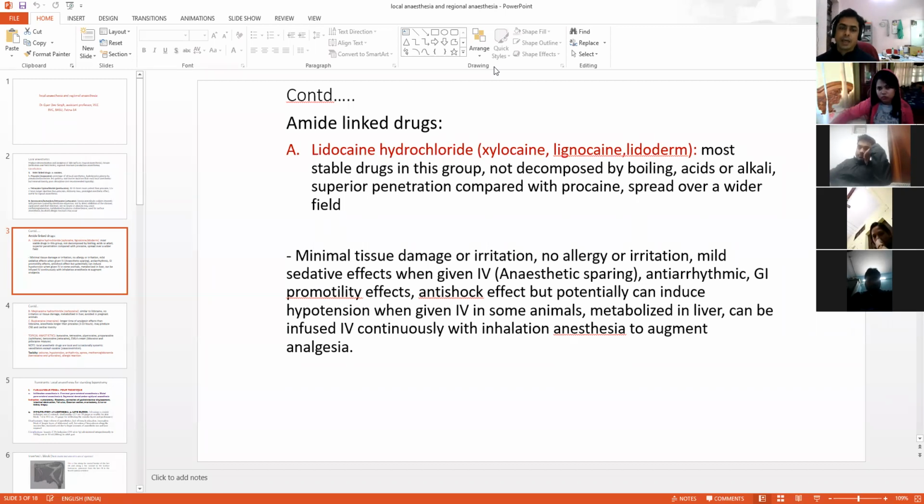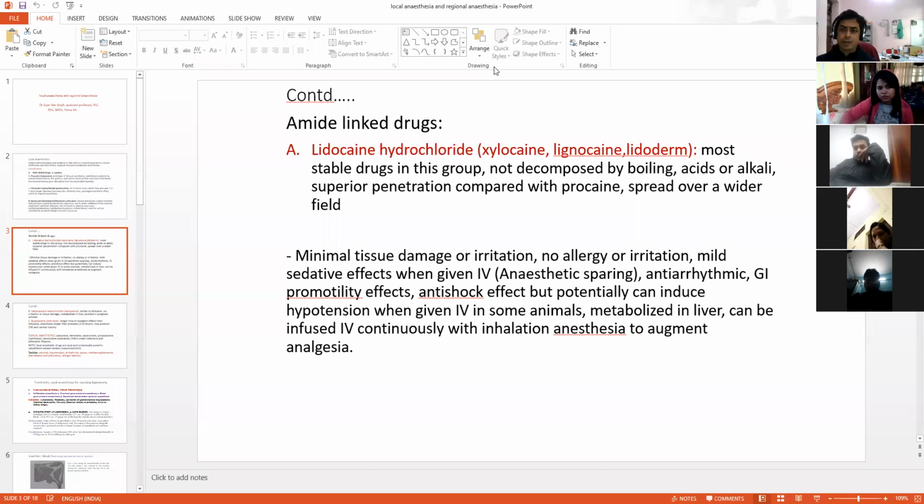In the same way, a sedative effect is noticed. Suppose you are infusing IV local anesthetics, then the anesthetic dose of the main drug will be decreased. This is known as the anesthetic sparing effect, also known as the dose sparing effect.